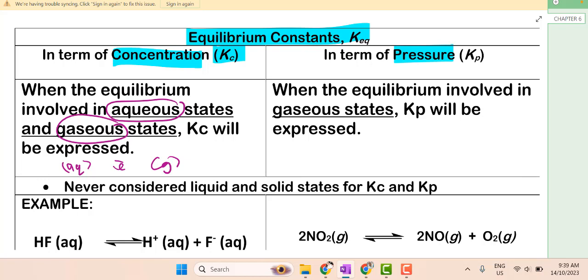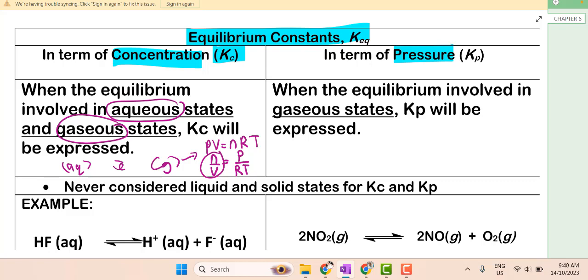Why do we take aqueous? Because aqueous refers to a solution. A solution is a combination of solute and solvent, so aqueous does have concentration. For gaseous state, we know that PV equals nRT, so n over V is equal to P over RT. n over V means the number of moles of gas divided by the volume of the container.